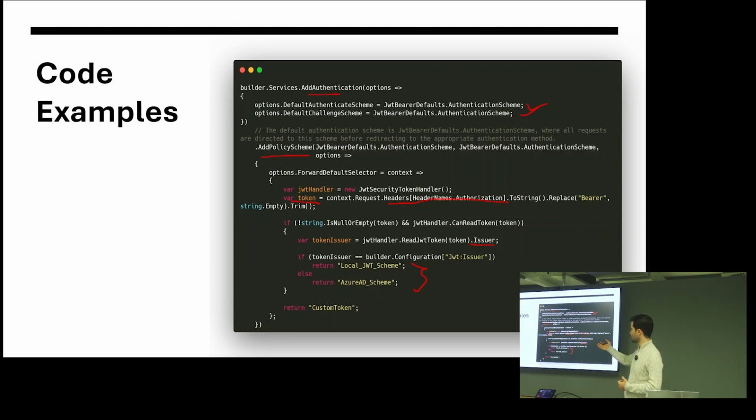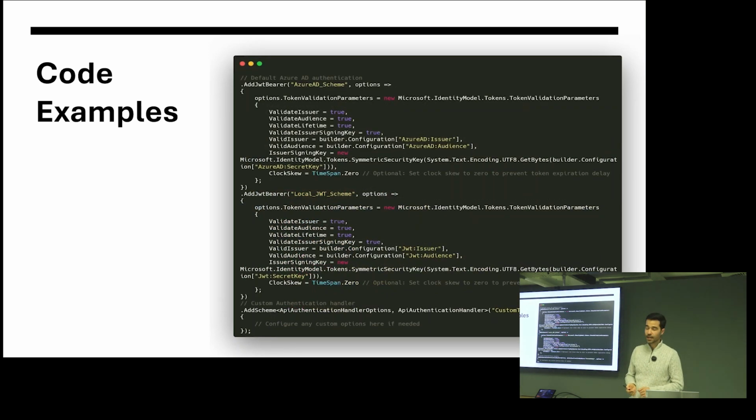One of them is my local JWT scheme, which I'm going to talk about in the next slide. And then I have the Azure Active Directory scheme, which means that this token needs to be verified with the Azure authentication providers. And after that, I have just a custom token, which is actually the API key we have provided.